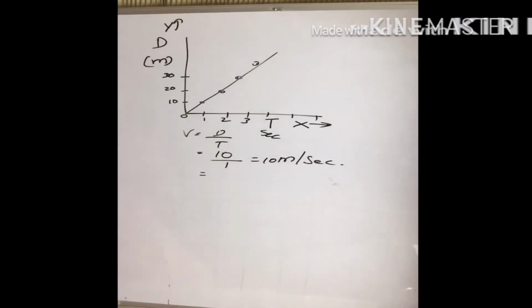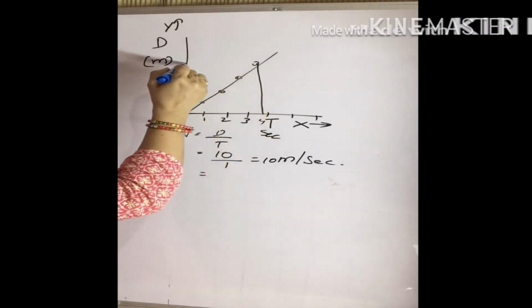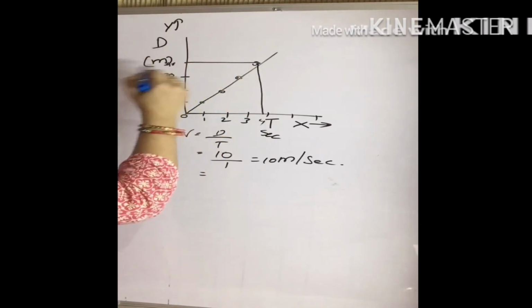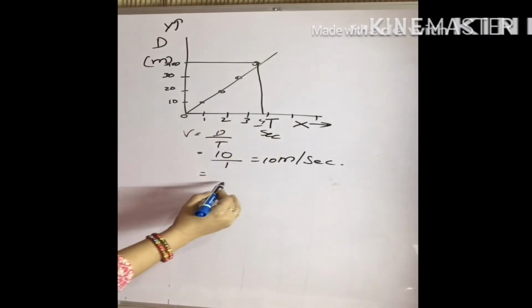Take the velocity of the object at any time interval. Suppose I want 4 seconds. At 4 seconds, what is the distance covered and what is the velocity of the body? Then what will I do? I will make a line like this and a line like this. This is the time taken, 4 seconds.